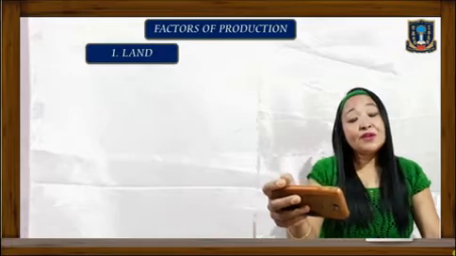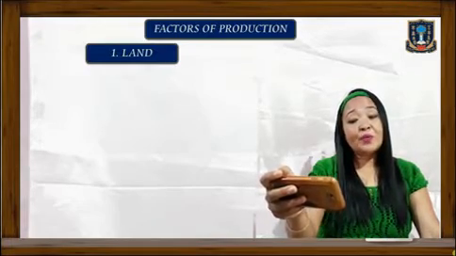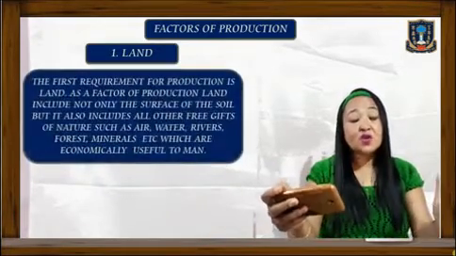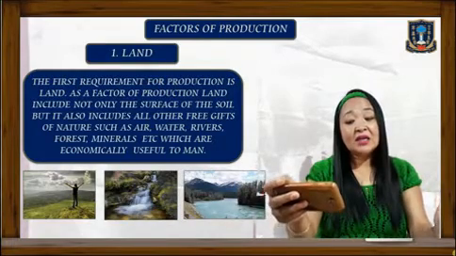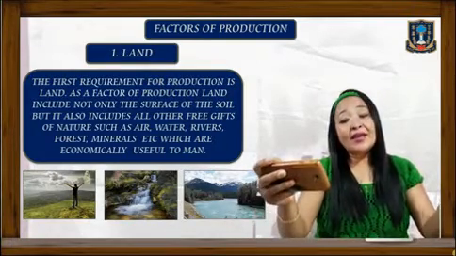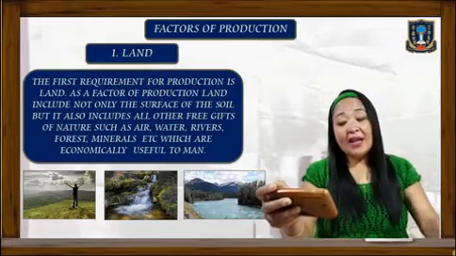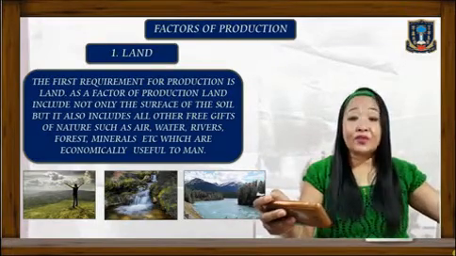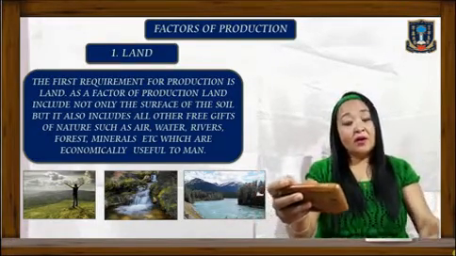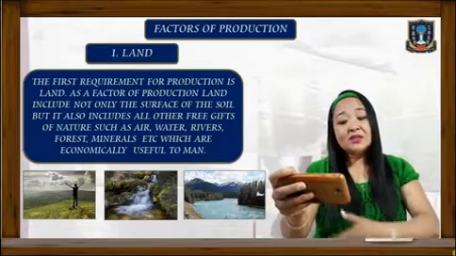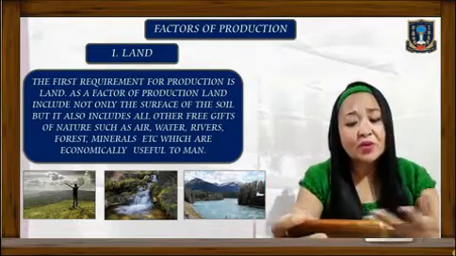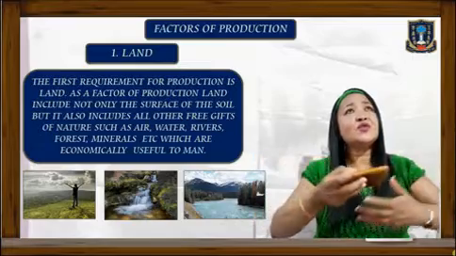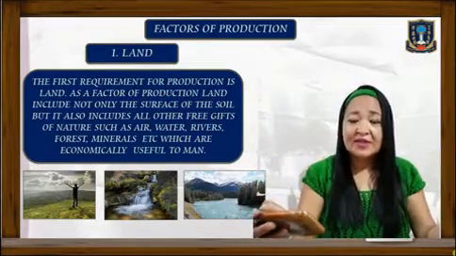The very first requirement for production is what? It's the land. As a factor of production, land includes not only the surface of the earth or the surface of the soil, but it also includes everything. It includes all the free gifts of nature that nature has given.